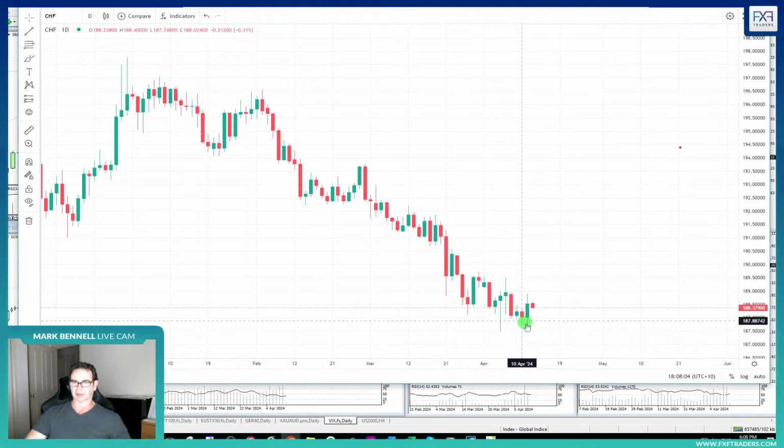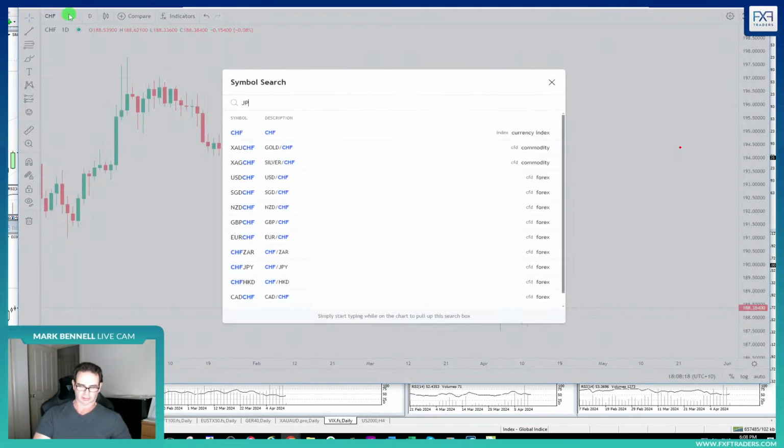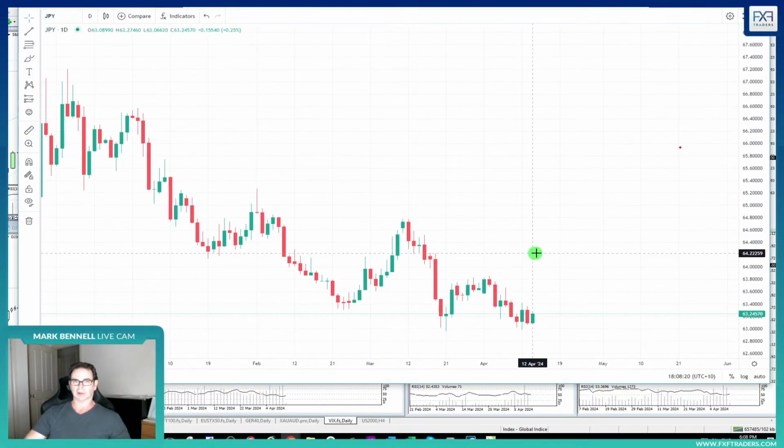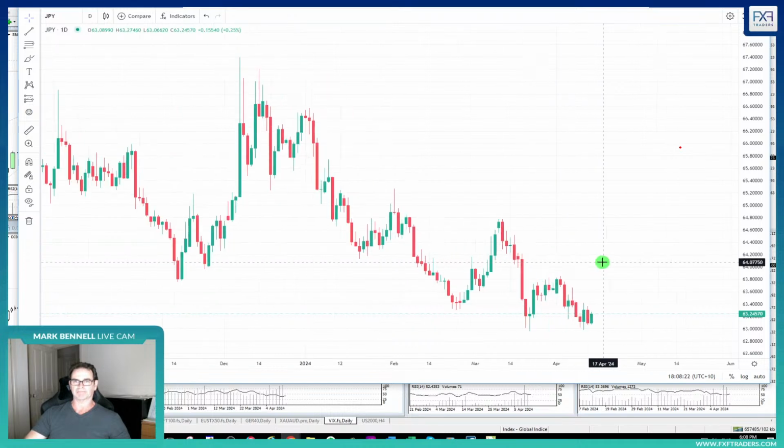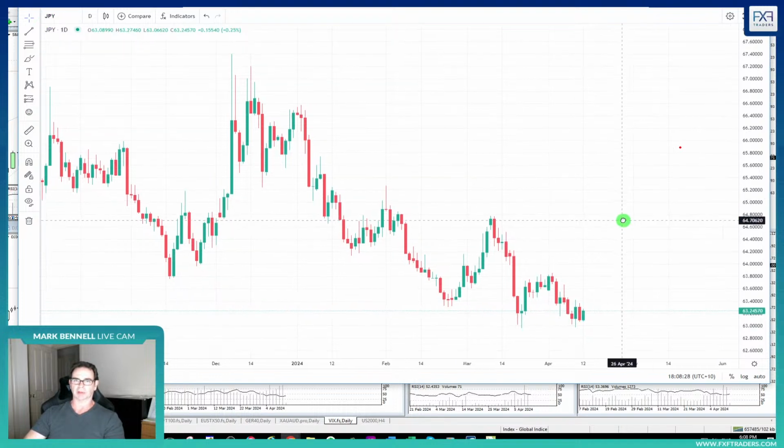Swiss is actually giving us a higher low. We've got an outside bar here trying to give us a higher low through here, so a little bit of bullish pressure, but otherwise Swiss is downtrending. And the yen has been doing the same. This is where we had those big moves, buying the safe haven.